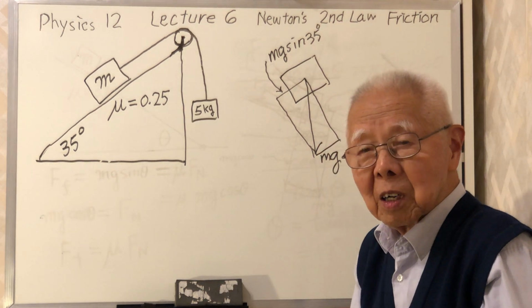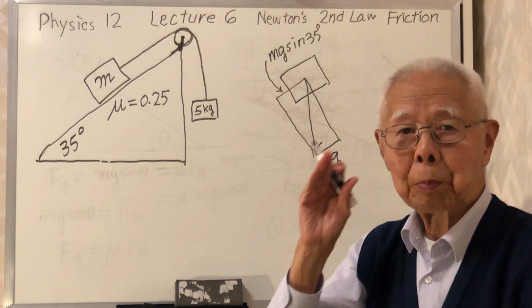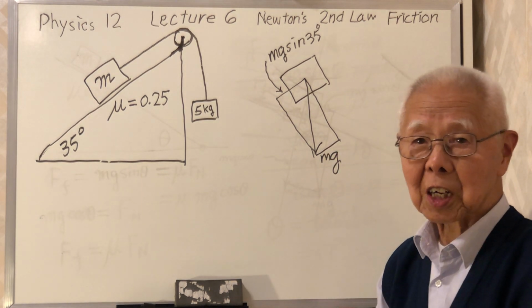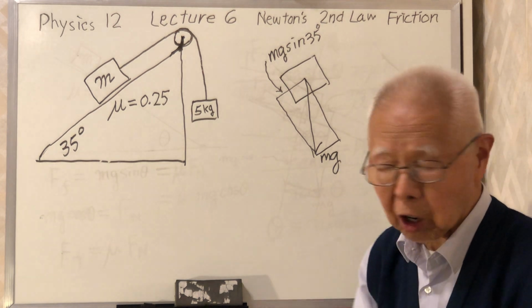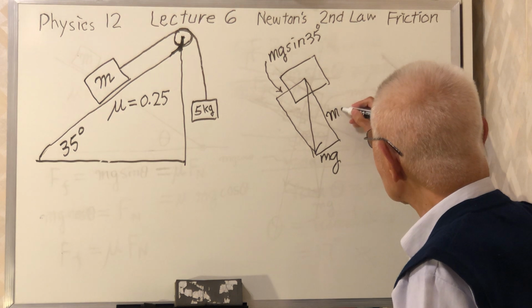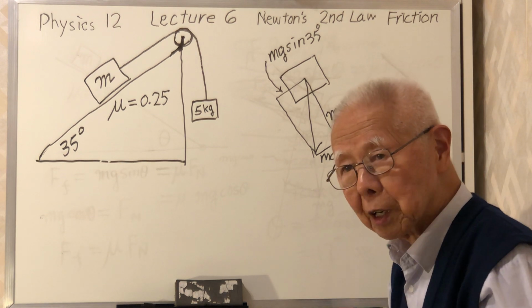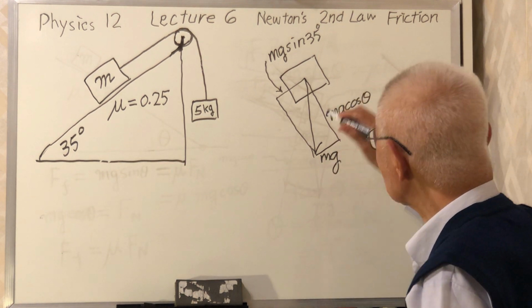And similar to the last problem, the component perpendicular to the inclined plane is the cosine component. Which angle is 35? This.